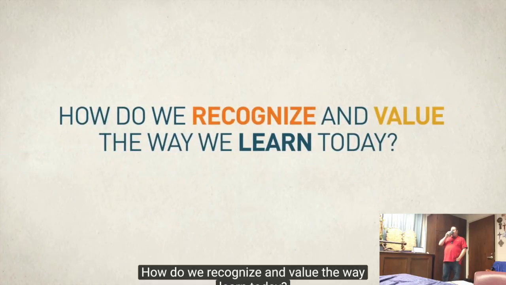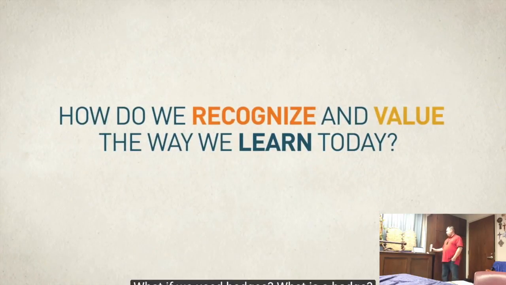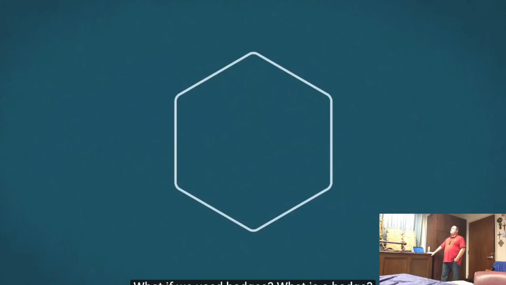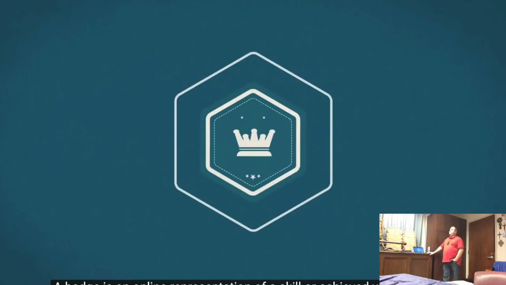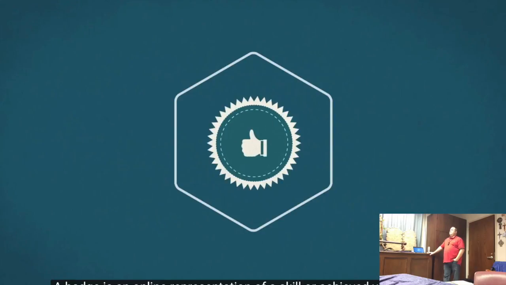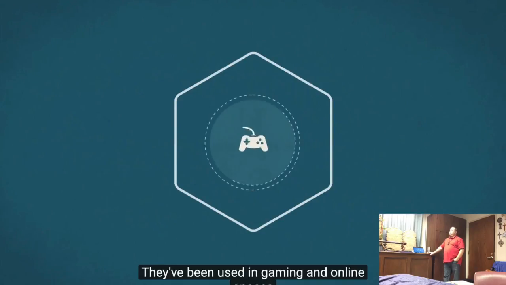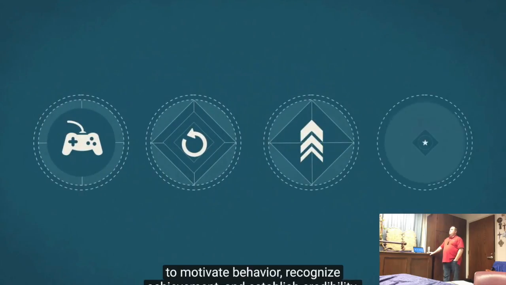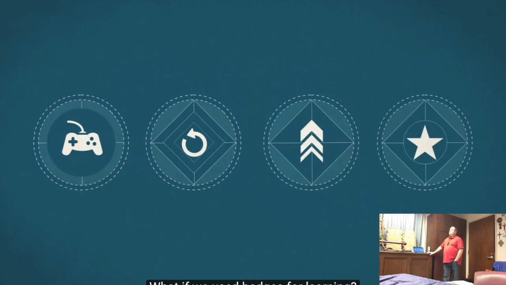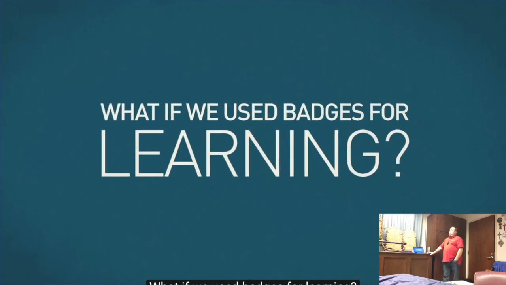How do we recognize and value the way we learn today? What if we used badges? What is a badge? A badge is an online representation of a skill or achievement you've earned. They've been used in gaming and online spaces to motivate behavior, recognize achievement, and establish credibility. What if we used badges for learning?